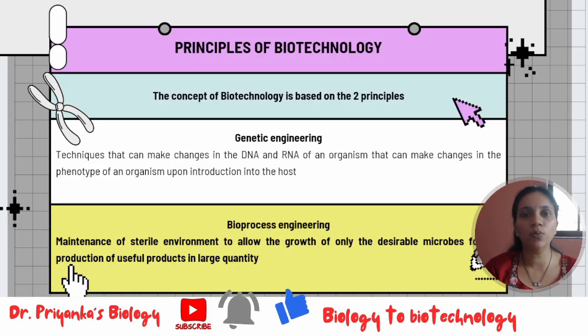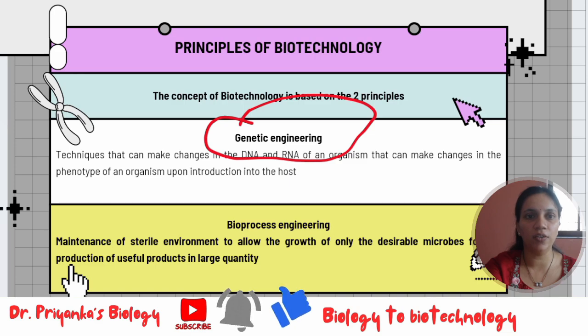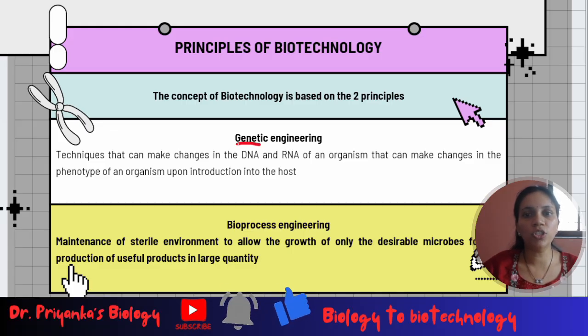So let's try to understand what are the principles of biotechnology. There are two basic principles which govern the field of biotechnology. The first one is genetic engineering. So we try to engineer something at the genetic level. When we talk about the genetic level, we talk about the DNA, RNA of an organism.